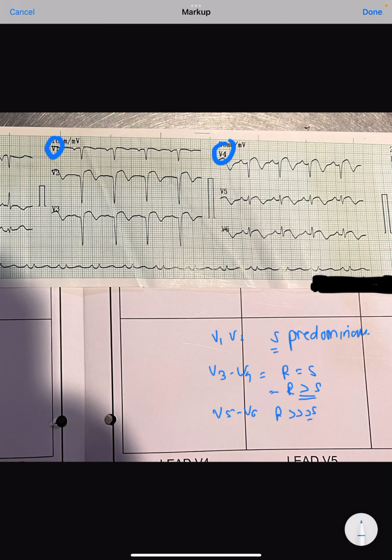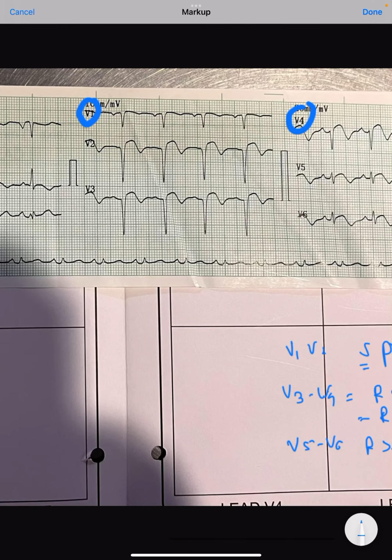So what we see here is that we don't have any R wave from V1 to V4. That is very interesting because the R wave usually suggests muscle, or myocardium. Whenever there is extensive myocardial damage, the R wave height will automatically reduce, because the R wave is the contraction wave of muscles.